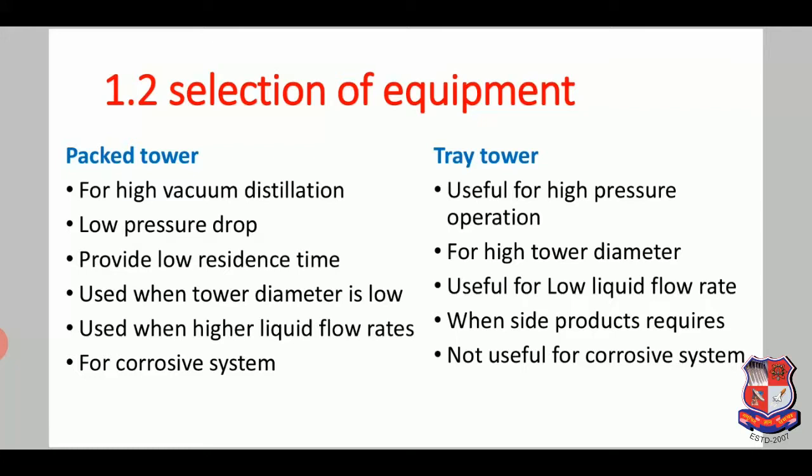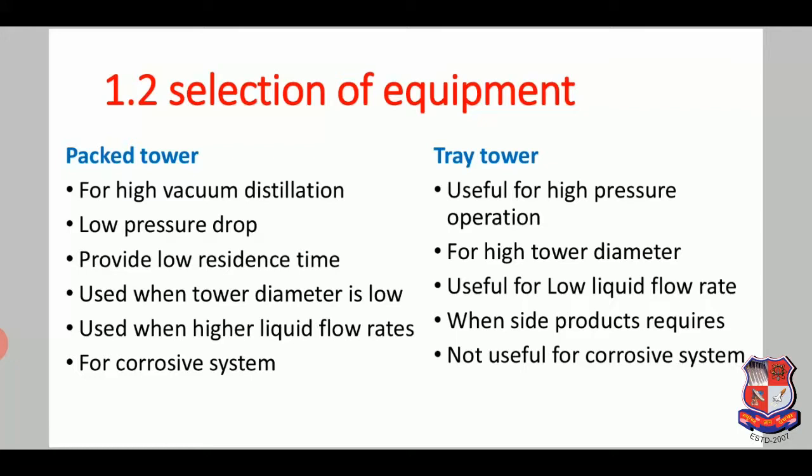But this is not possible in a tray tower, because the liquid flowing from the top tray will travel through all the trays in series, so it will have to pass through each tray. That is why short circuiting or lower residence time will not occur in a tray tower.